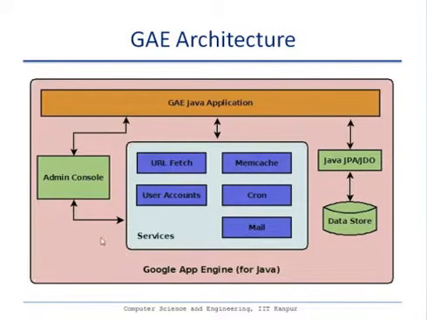At the same time, in the services you have various types of components like URL fetch, user accounts, cron, memcache, and mail, etc., which are available to your application via the APIs that we have already spoken about. And similarly, you have the data store and the appropriate API through which you can access the data store services, and your application runs here in a regular JVM.